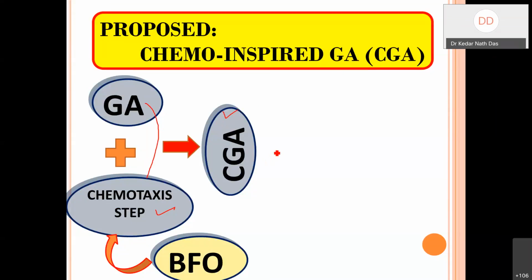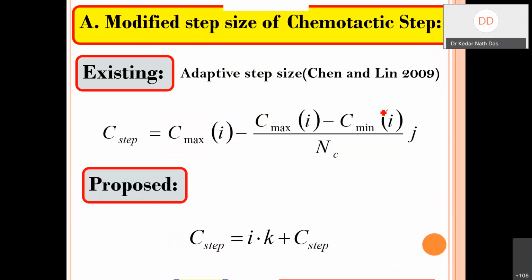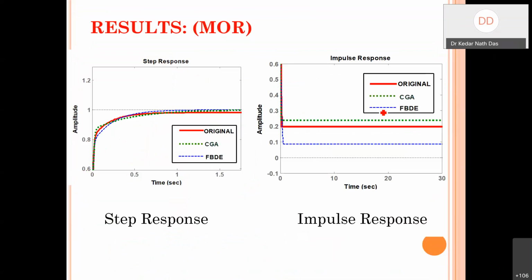We can search for the chemo-inspired genetic algorithm, an Elsevier paper published in Applied Mathematics and Computation. So this has effectively solved optimization problems. This chemotactic step is one of the operators in the GA cycle, of course, and I'm not discussing it more.